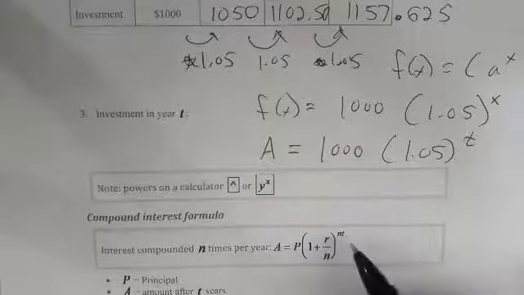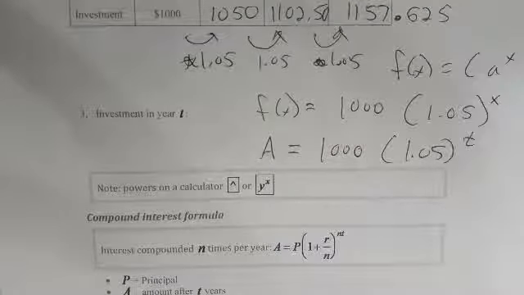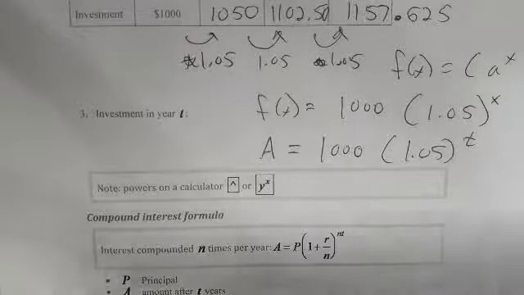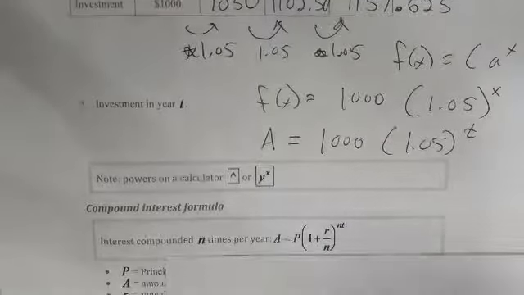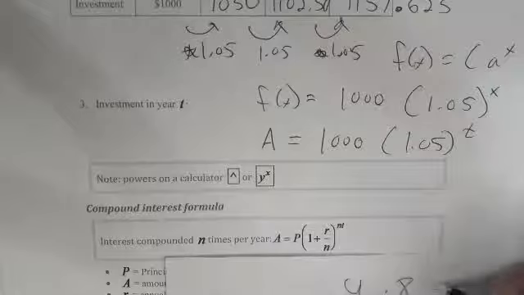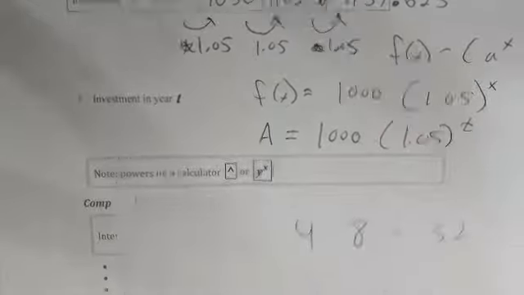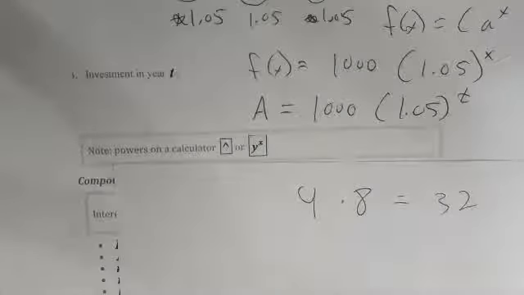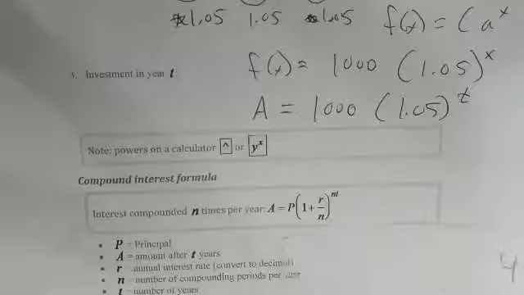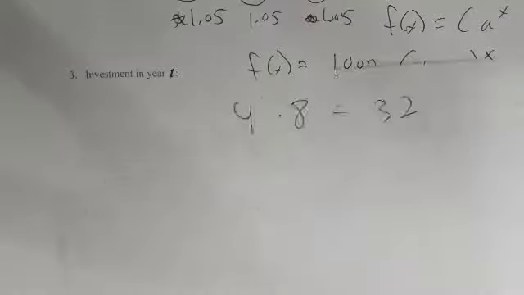And then n times T is going to represent the number of total compounding periods. So if I compound it 4 times per year for 8 years, I've compounded it a total of 32 times. So this exponent has to represent the number of times we're compounding it.